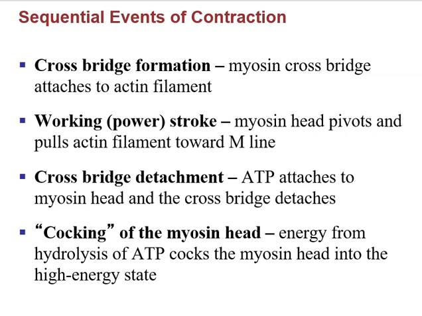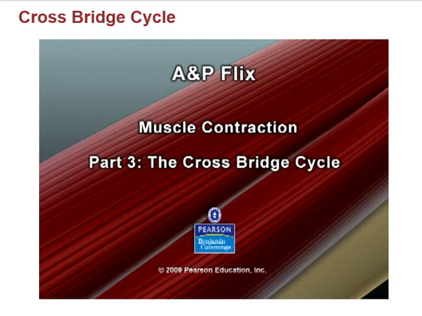Cross-bridge detachment, where ATP attaches to the myosin head and the cross-bridge detaches, is step 3, and step 4 is the cocking or resetting of the myosin head, where energy from the hydrolysis, or breakdown, of ATP resets the myosin head into the high energy state.